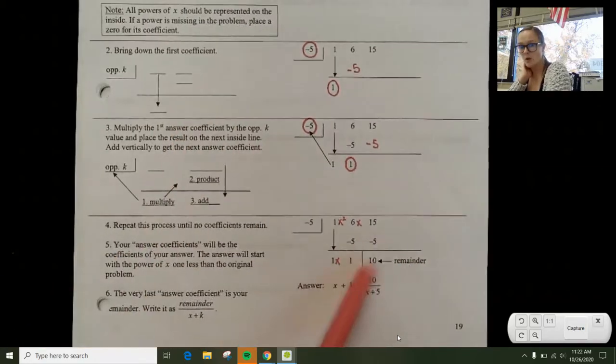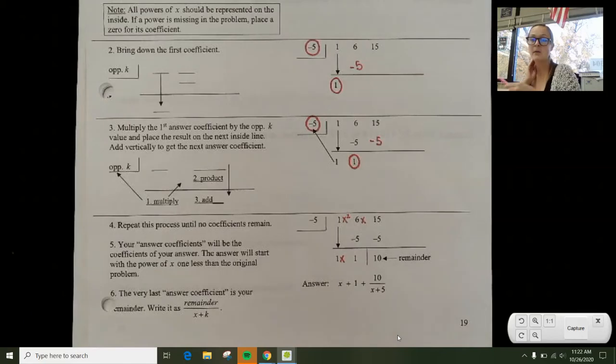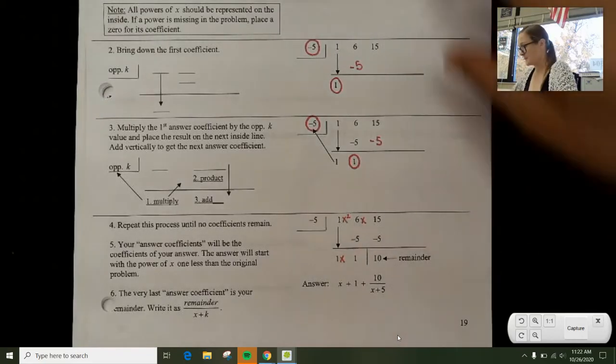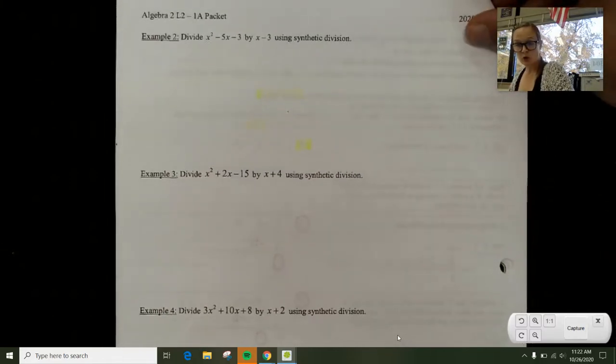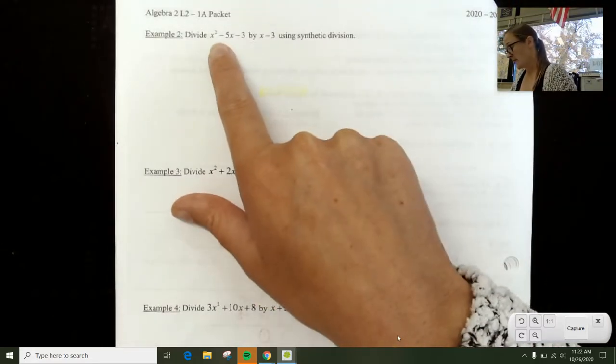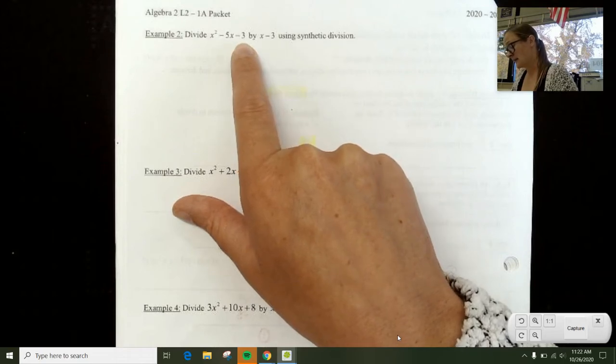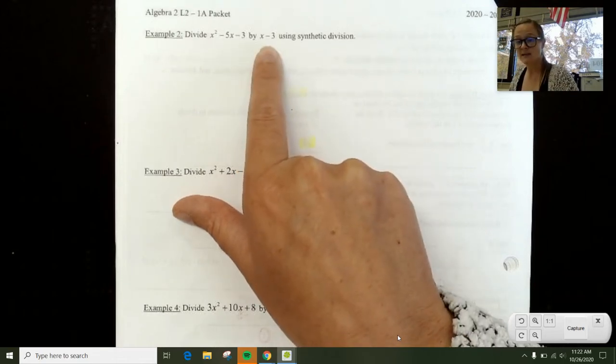So this was a quick overview. I'm going to go through one problem now. So looking at example 2. Example 2, I have x squared minus 5x minus 3, and I'm dividing it by x minus 3.